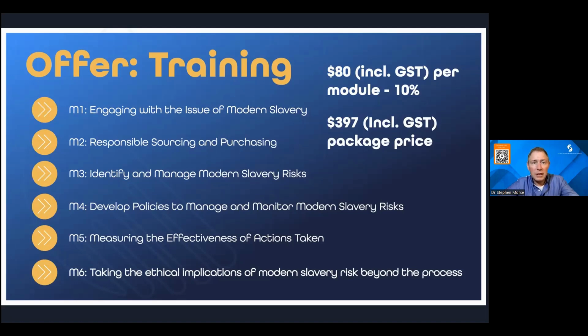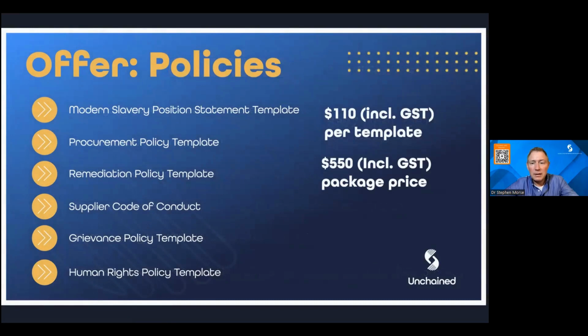The other offer has to do with our policies. We have a number of templates available for purchase, again individually or as a package price, which we can provide for you to customize for your own use.